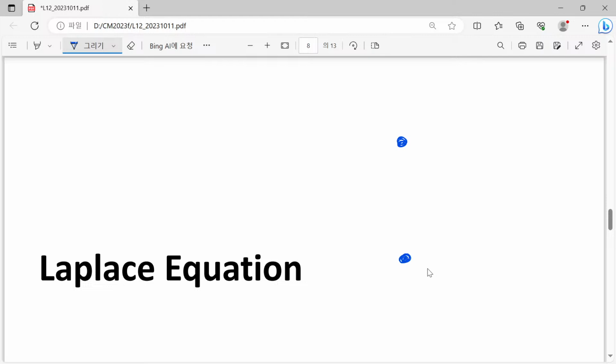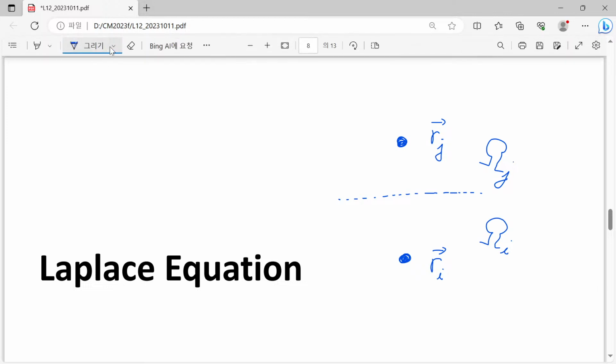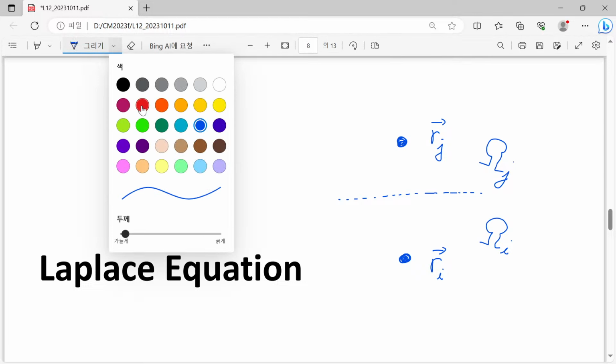Here we have 2 points, r sub i and r sub j. Then this is the border between our omega I and omega j. When we evaluate the given equation for omega I and omega j, what we have is simply given by this one.